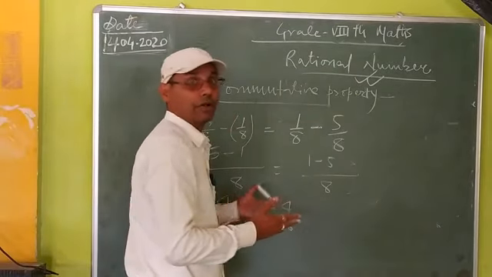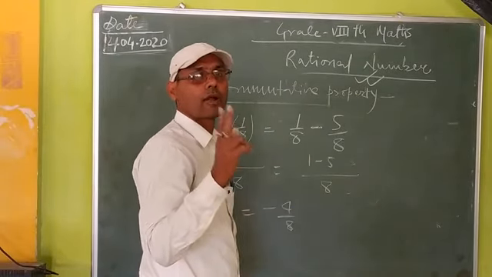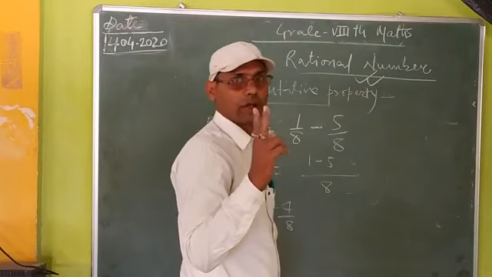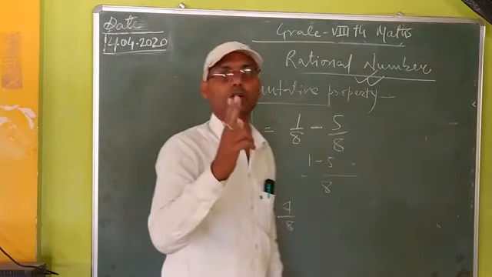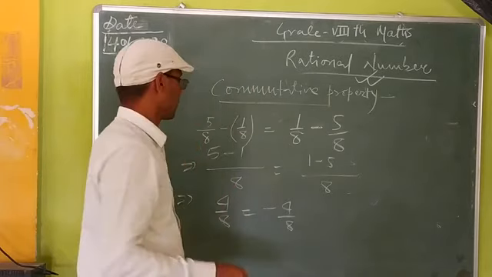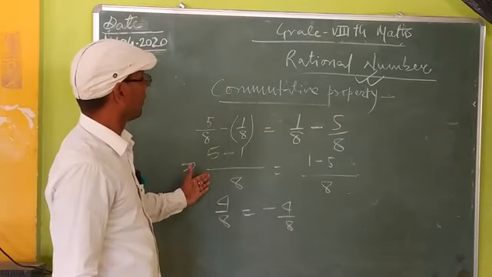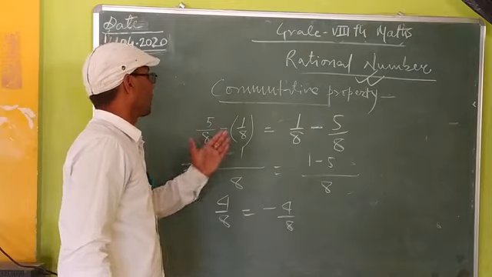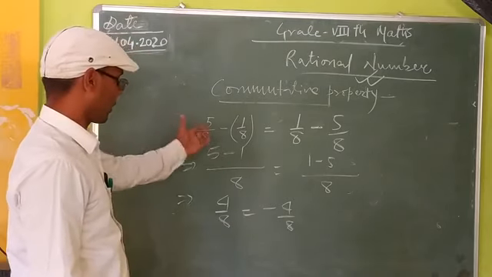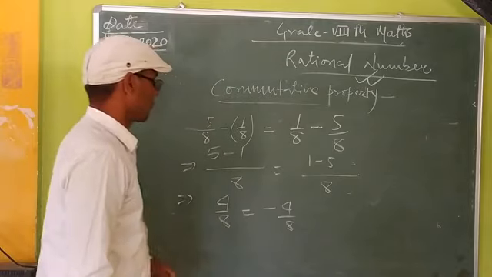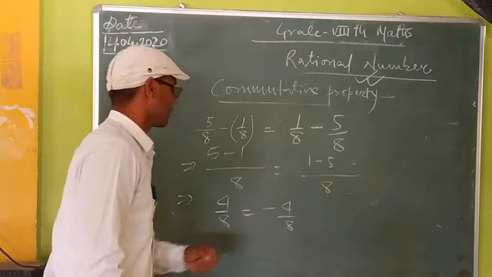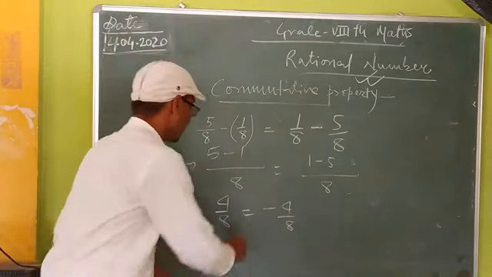In this property, only the addition and multiplication results will be the same, but you are looking here that in the case of subtraction, it doesn't come the same rational number.